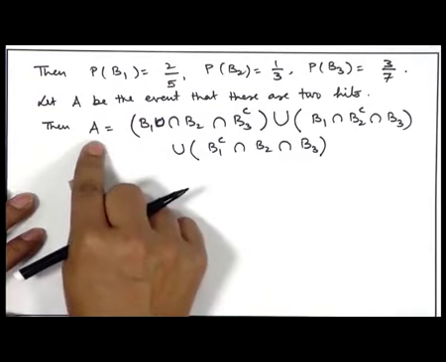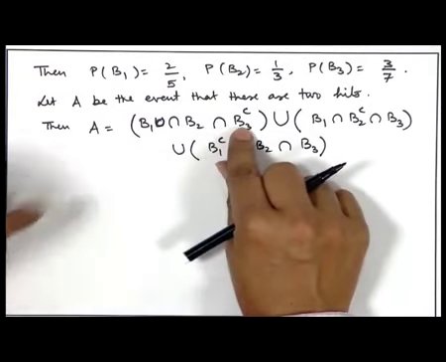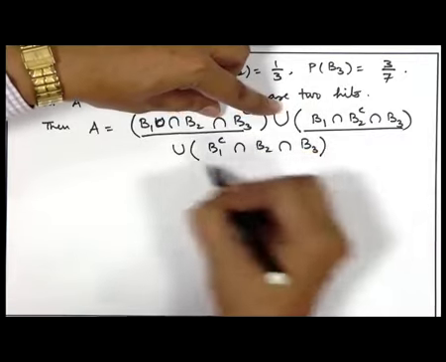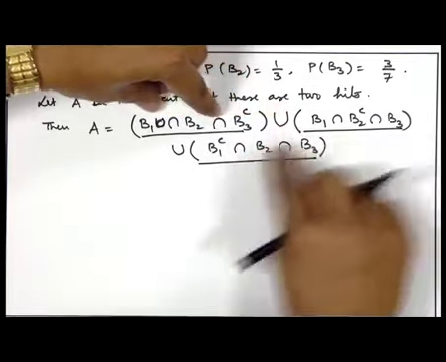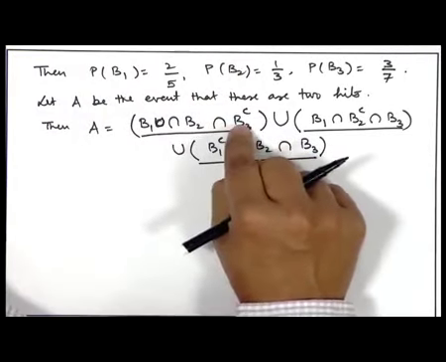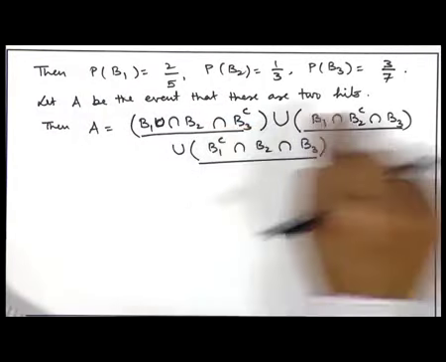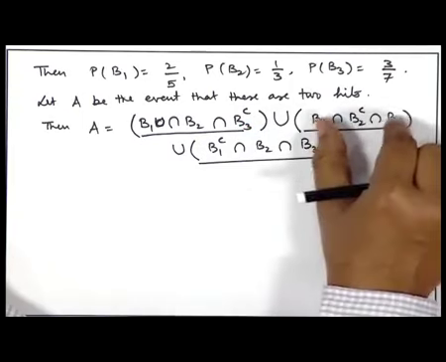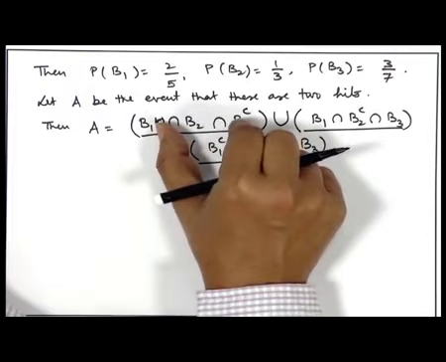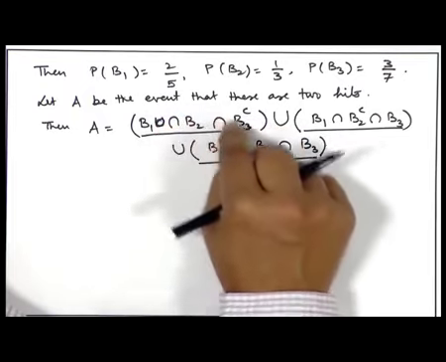So, what we have done? We have represented the event A as a union of three events. These three are disjoint events. Why are they disjoint? In the first one, B3 complement is there and in the second, B3 is there. So, certainly this one is a subset of B3, this one is a subset of B3 complement, because these are intersections of the events.